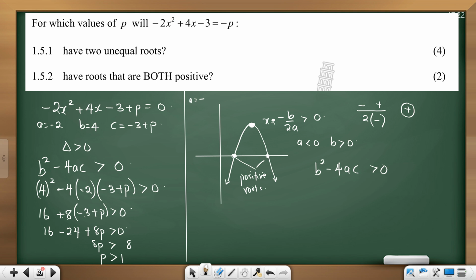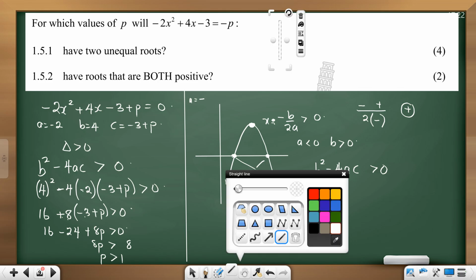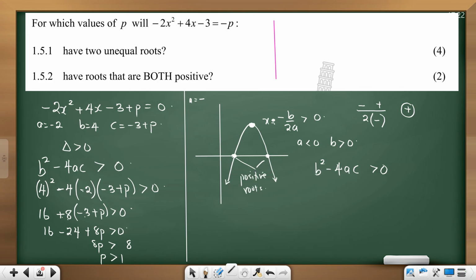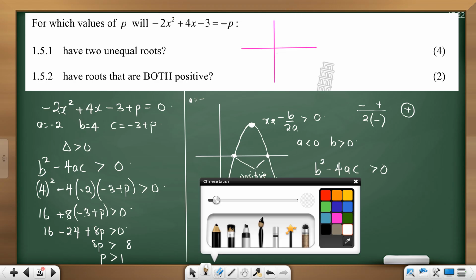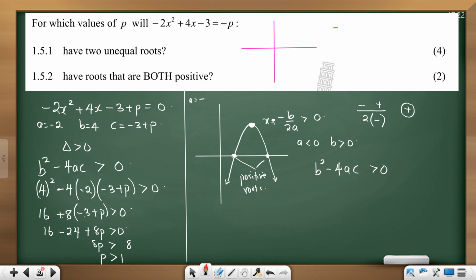All right, so if we look at this graph at the moment, just want to quickly see something here. If I sketch this graph at the moment, our graph is negative 2x squared plus 4x minus 3 plus p.